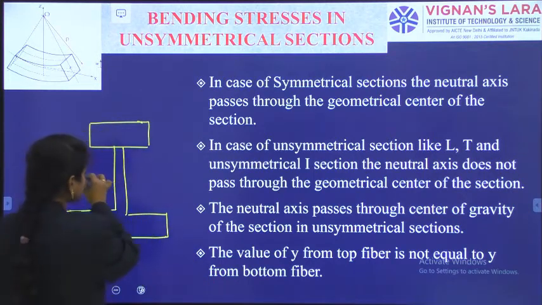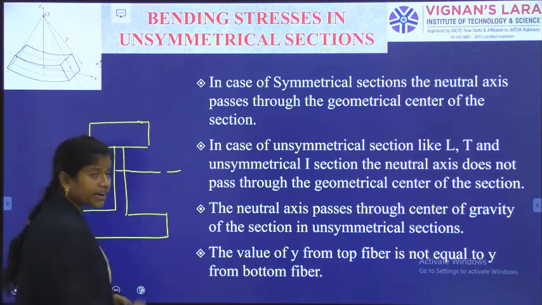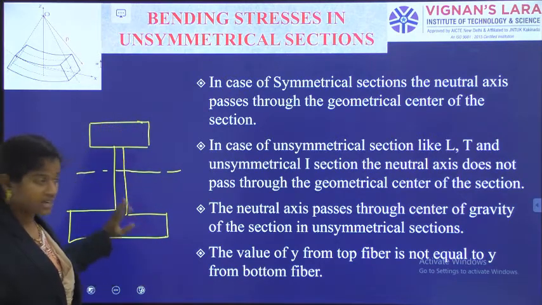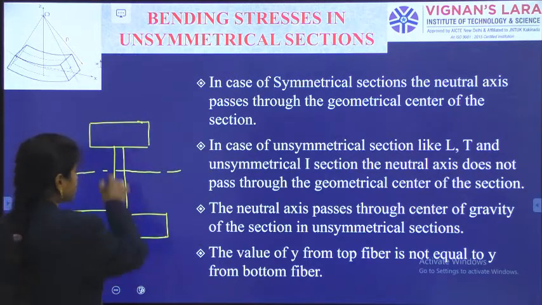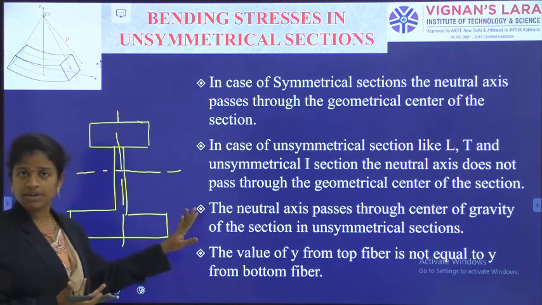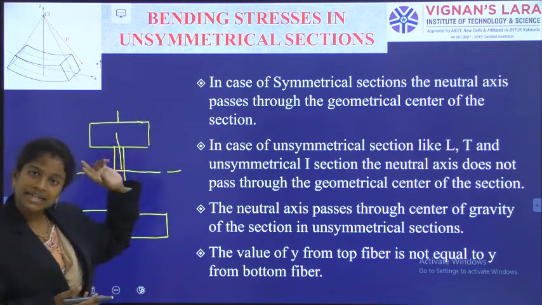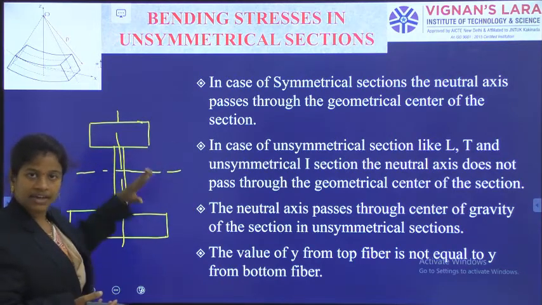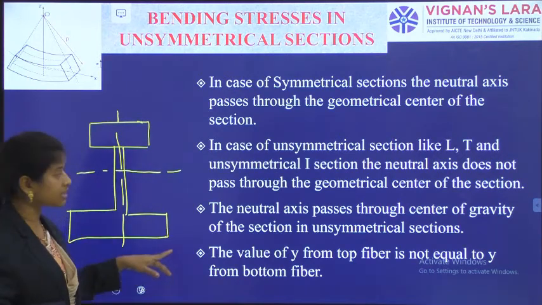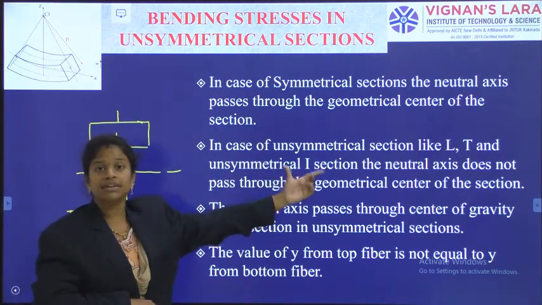So when we see the centroidal axis, the top segment and bottom segment are not symmetrical. But like the T section, the left segment and right segment may be symmetrical. Like the T section, vertical symmetry may be there, but the horizontal symmetry is not there. Such a condition we call an unsymmetrical I section.